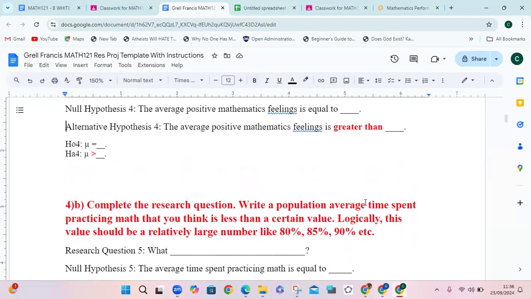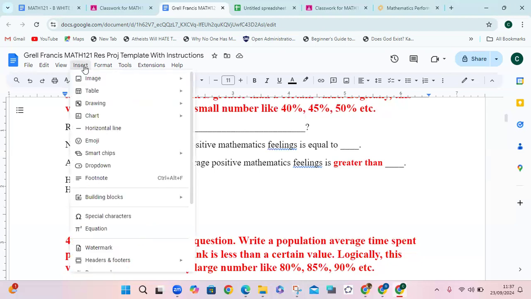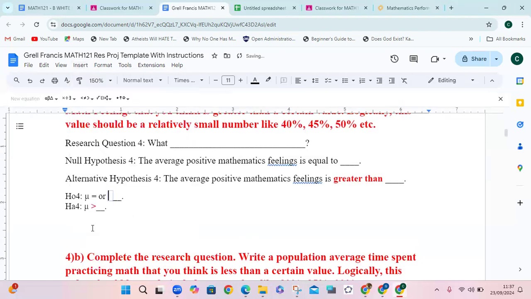So that's why you have 3 of them. Remember we said that you can include the inequality sign for the null, but it must have the equal sign. So for research question number 4, what inequality sign can we put there?